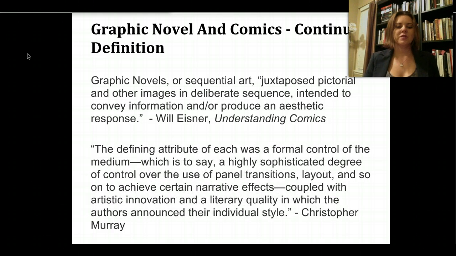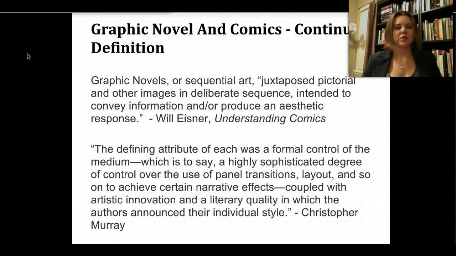Okay. Christopher Murray then says that the defining attribute of each was a formal control of the medium, which is to say a highly sophisticated degree of control over the use of panel transitions, layout, and so on to achieve certain narrative effects, coupled with artistic innovation and a literary quality in which the authors announce their individual style.